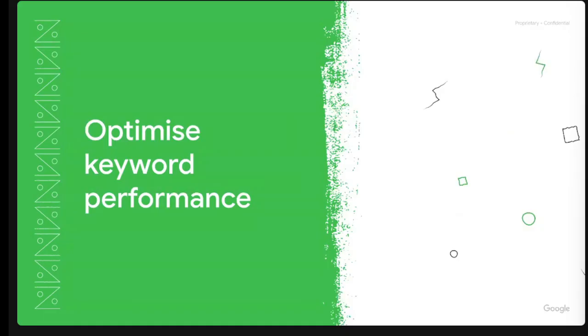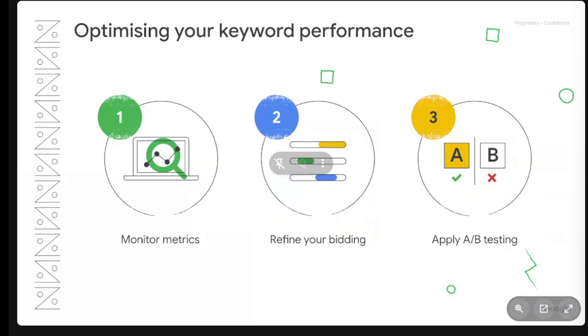Okay. So now we are going to discuss optimizing your keywords for performance. This will also help us ensure that campaigns are successful. We are going to look at a case example in the next section to help us optimize our keyword search based on a specific app idea.